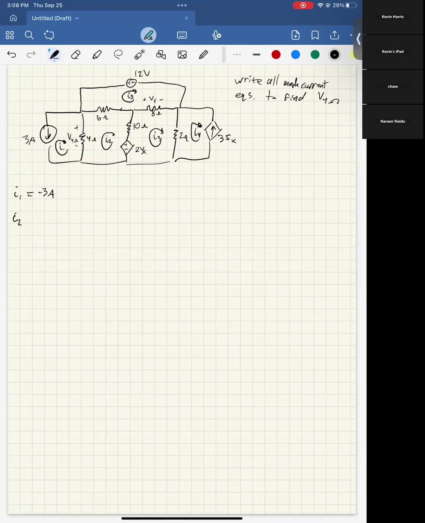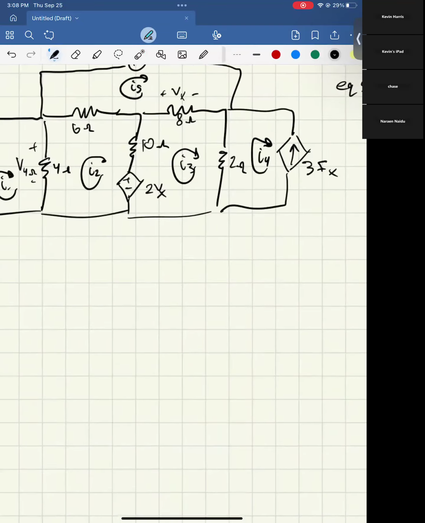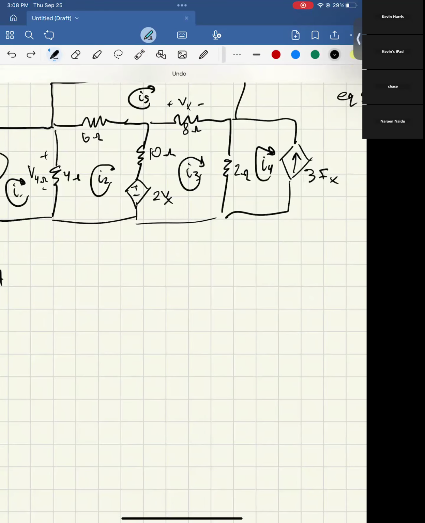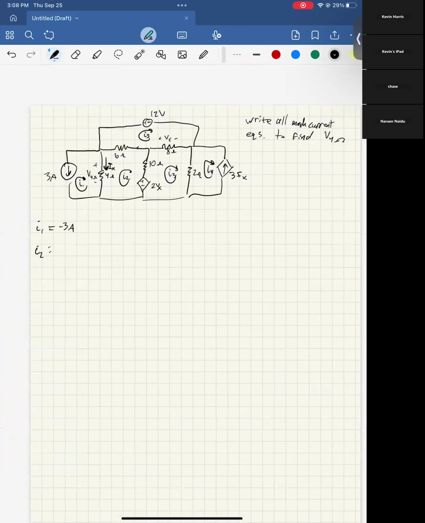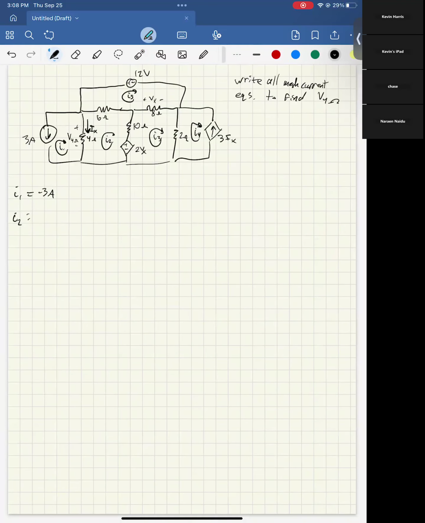For I2, we no longer have a current source, so we actually have to do the thing here, which is unfortunate. Oh, wait, I forgot to define IX. As you can see, this dependent current source is defined by IX. IX is here. So for I2, this is a colon, not an equal sign.